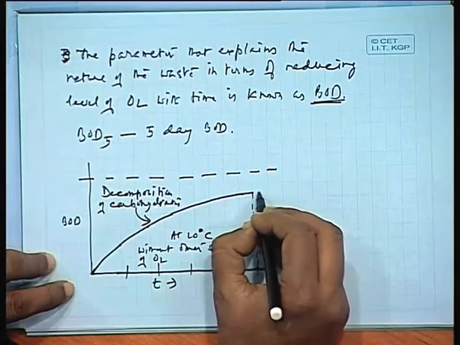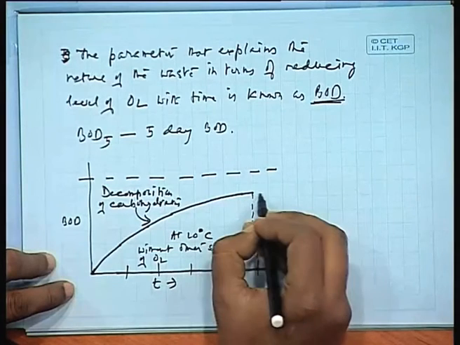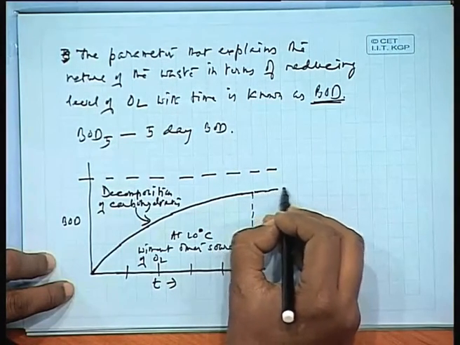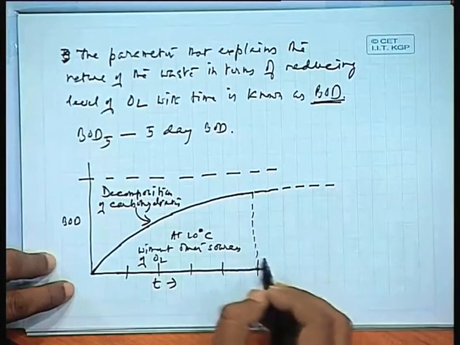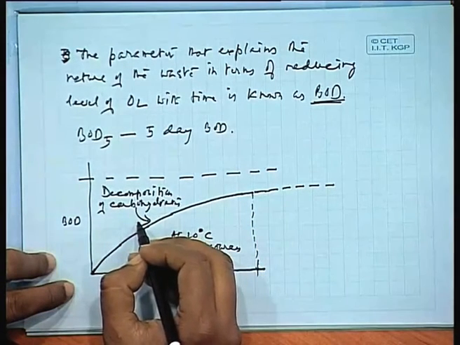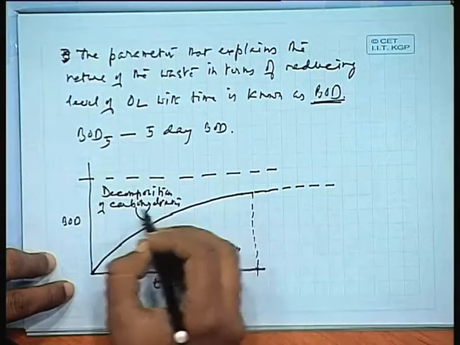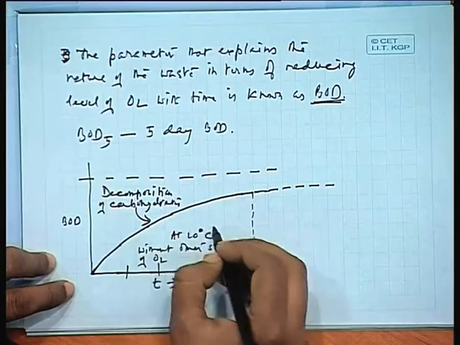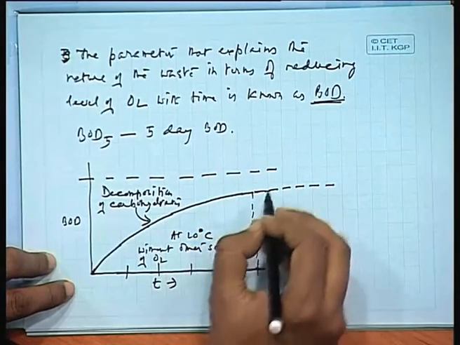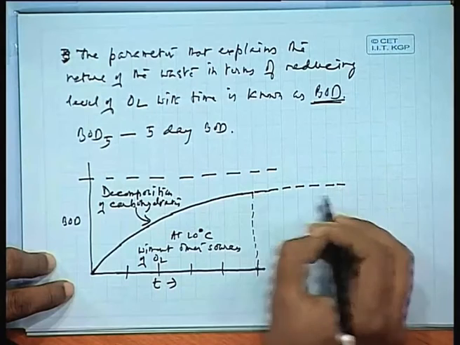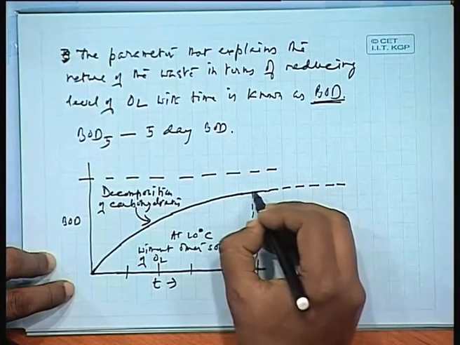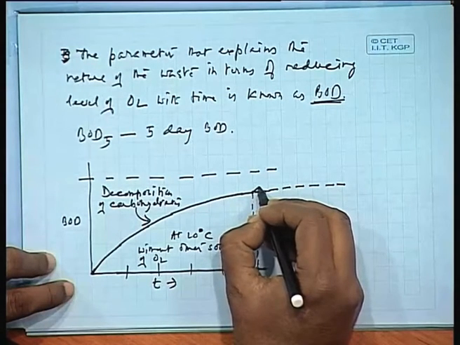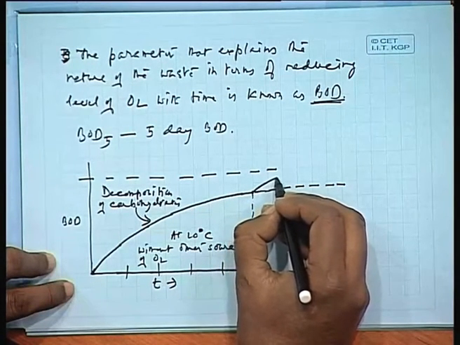What we observe now is, after 5 days at 20 degrees centigrade, the demand of these carbohydrates, or carbonaceous products, would remain almost constant. But here we find another demand increasing at this point of time.